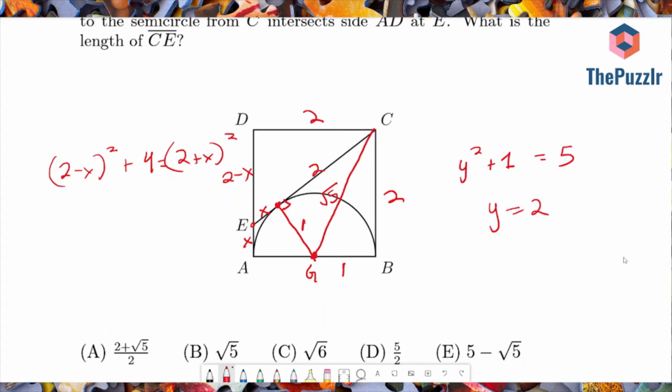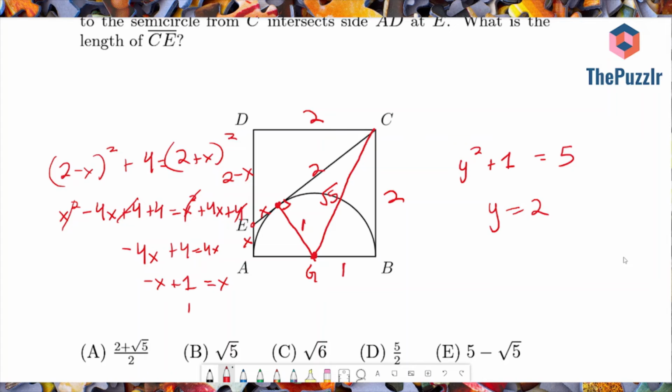Let's do it. x squared minus 4x plus 4, and then the plus 4 that we already have, is equal to x squared plus 4x plus 4. So the x squareds and one of the plus 4s cancel out, so we have minus 4x plus 4 equals 4x, or minus x plus 1 equals x.